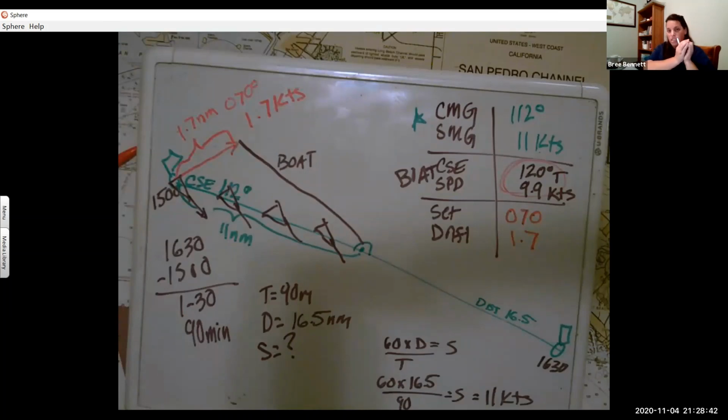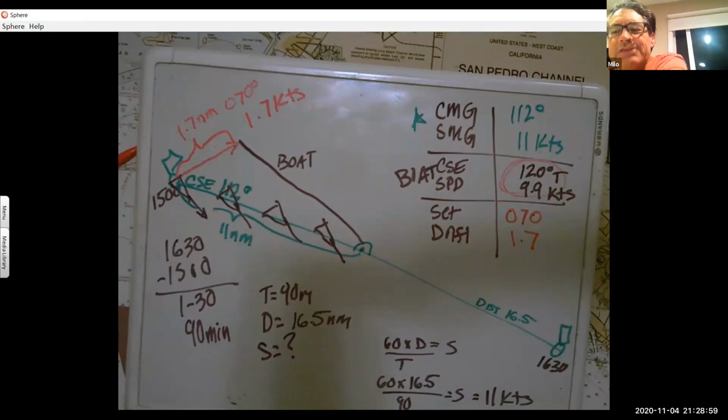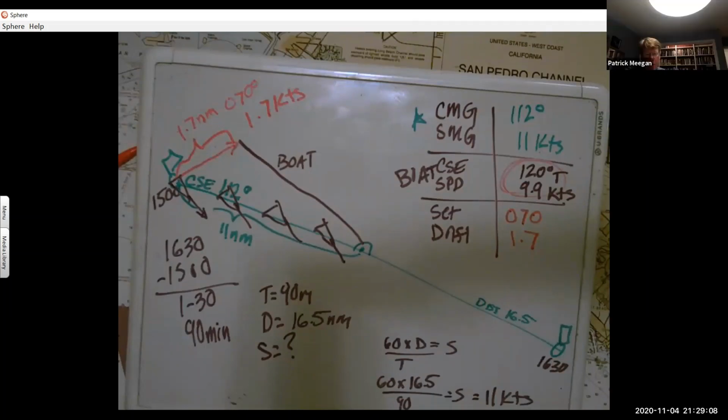DR has a known position and it just uses the boat's course and the boat's speed. Track line is going to be buoy A to buoy B, or destination A to destination B, the shortest possible distance to get there. That's what you want to make good. Your track line and your made good are kind of interchangeable. Yeah. And just to be clear, and I could have this wrong, your DR line is your boat line.